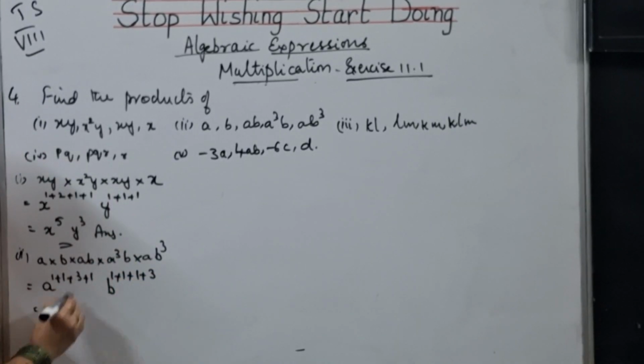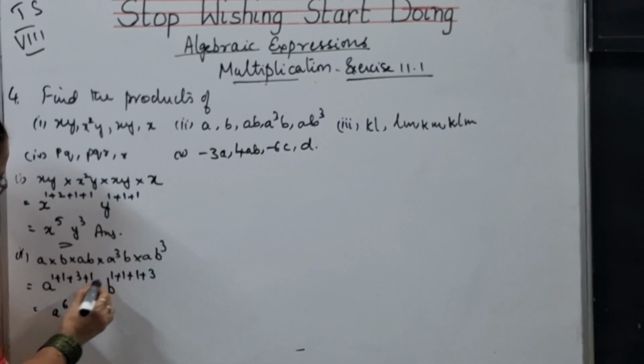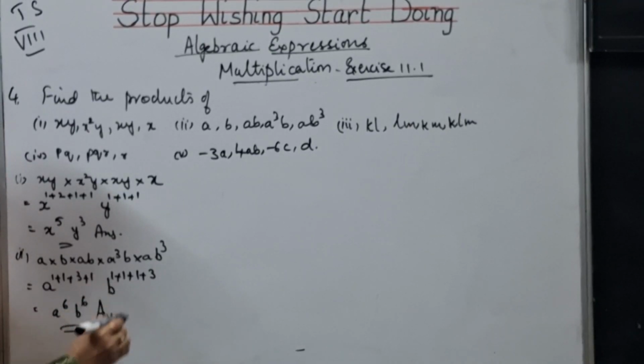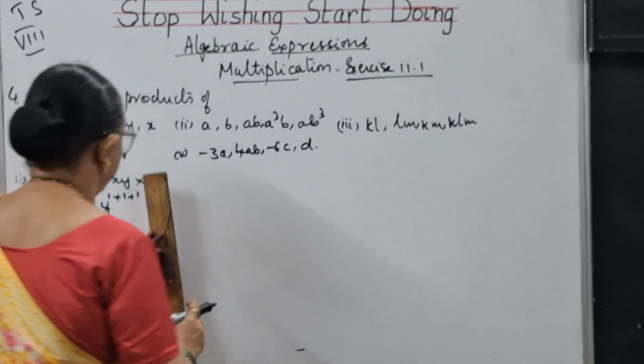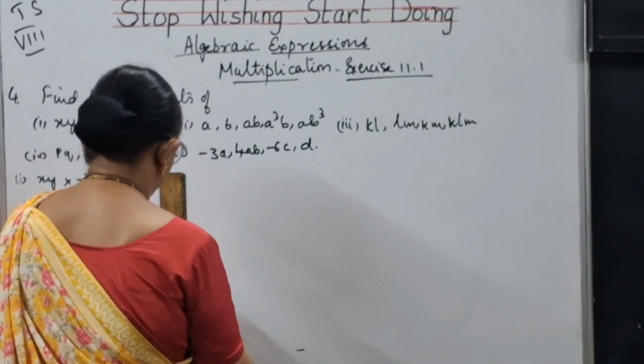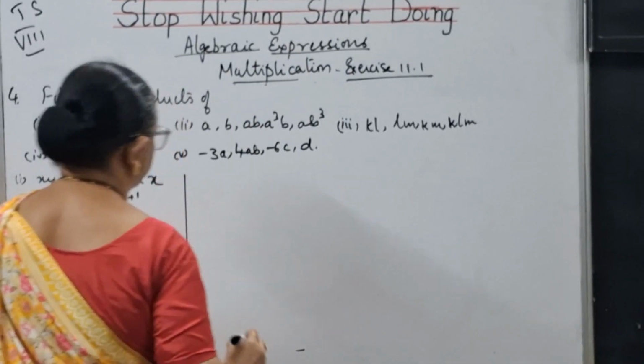That is a to the power of 3, 4, 5, 6 into b to the power of 3, 4, 5, 6. This is the answer for the second problem. Now let us go to the third one.